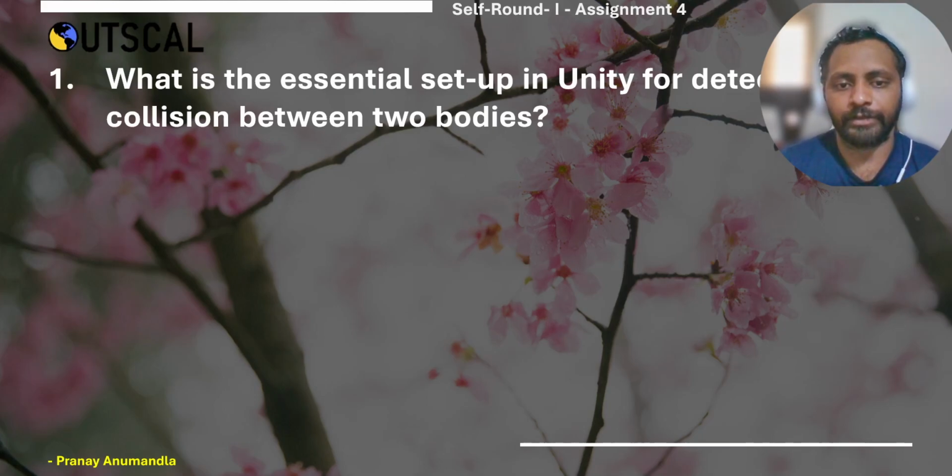On collision stay, as long as they collide together, this execution will be processed. On collision exit, when the two objects separate from collision, the exit method will be executed. These are the essential setup for collision detecting between two objects.